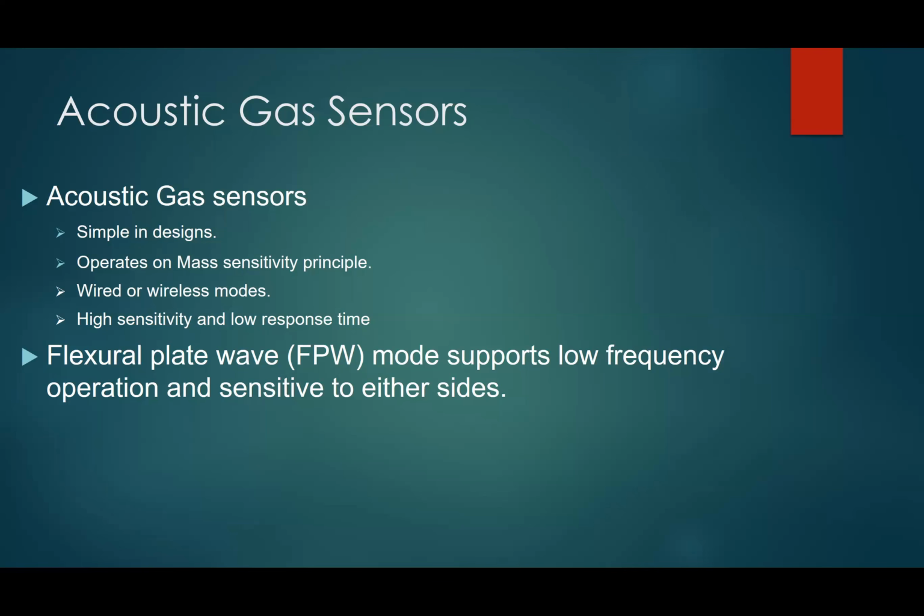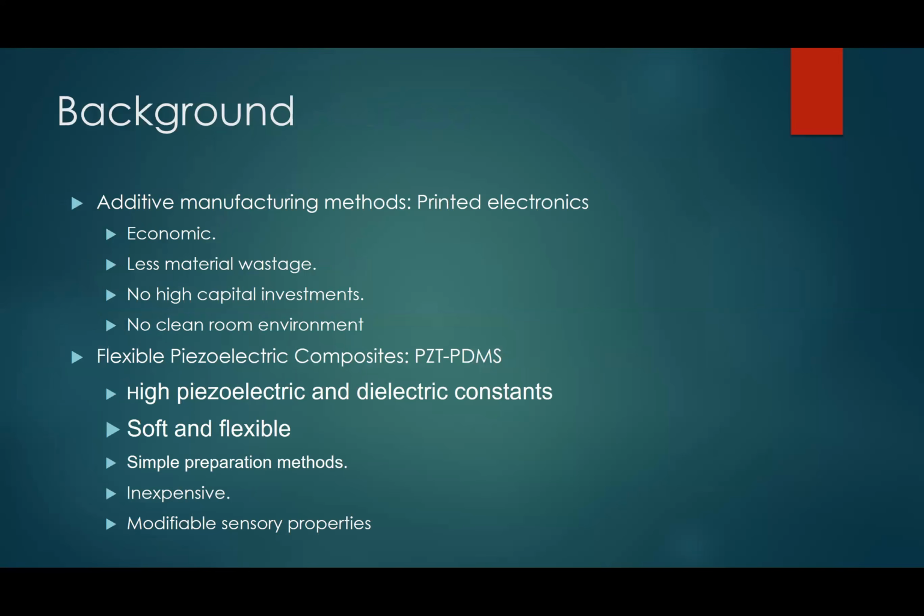That's another difference between the surface acoustic wave sensor and the flexural plate wave sensor, because in the surface acoustic wave one, which you see mostly, the gas sensitive layer is placed on the IDT side, but for the flexural plate wave mode, it can be placed on either side of the sensor.